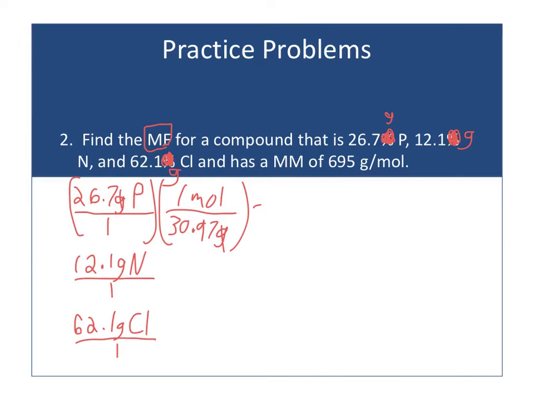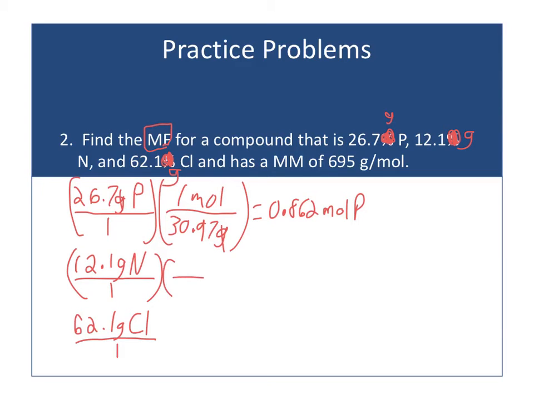Grams cancel. 26.7 divided by 30.97. So this represents 0.862 moles of phosphorus.